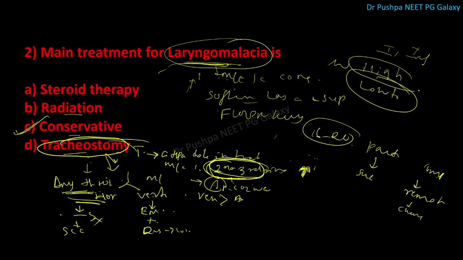High level tracheostomy is done in carcinoma larynx, to preserve the main site of tracheostomy for permanent tracheostomy. For this reason, we do temporary tracheostomy at the upper level, that is high level tracheostomy.